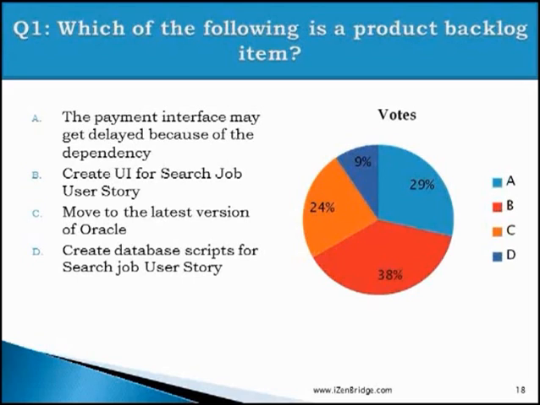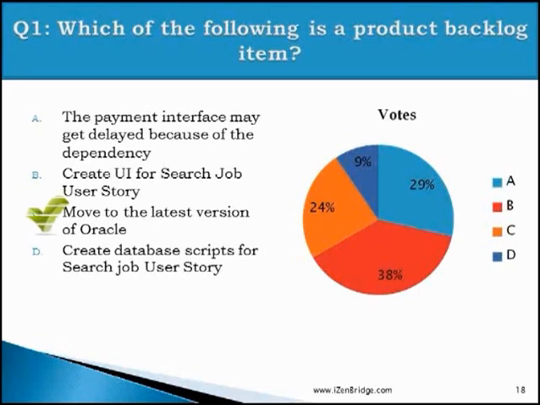C, move to the latest version of the Oracle. Now this particular product backlog item is technical work, but it can be prioritized and scheduled on the basis of priority by the product owner. Let us look at D, create database script for the search job user story. D also looks like B, where we have a user story and then we are creating a task for that user story.